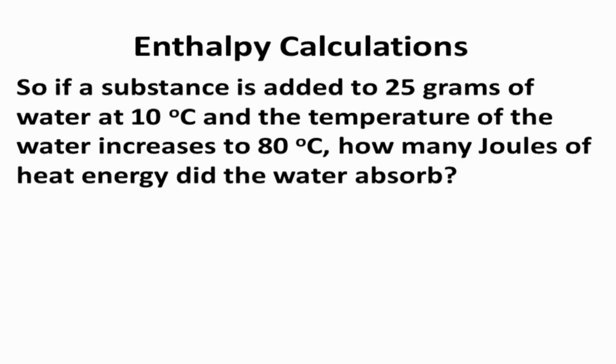Consider the following example. If a substance is placed or added to 25 grams of water at 10 degrees Celsius and the temperature of the water increases to 80 degrees Celsius, how many joules of heat energy did the water absorb?